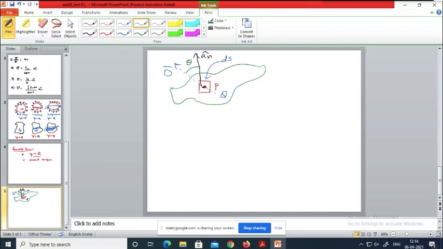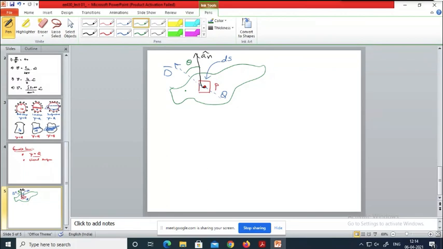There are some power fluctuations, please bear with me. So what am I having now? I am having a closed surface that is irregular in nature, and I'm having a Q which is enclosed by that closed surface.